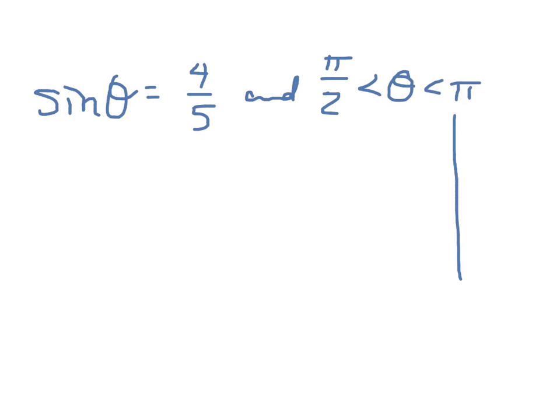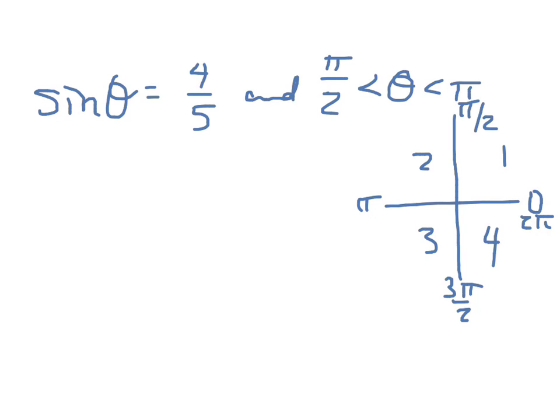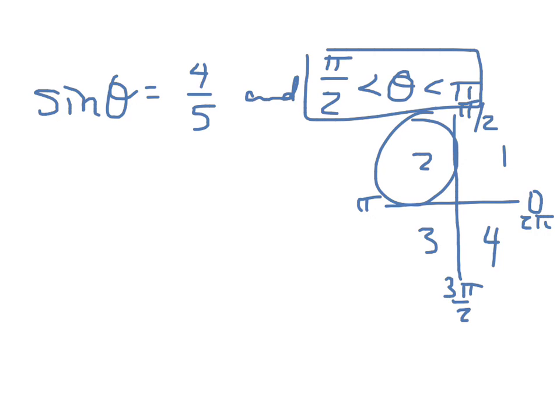When you look at this, this would be 0, this would be pi over 2, this would be pi, and this is 3 pi over 2, and this goes back to 2 pi. 1, 2, 3, and 4. We are in quadrant 2 when it says this restriction.